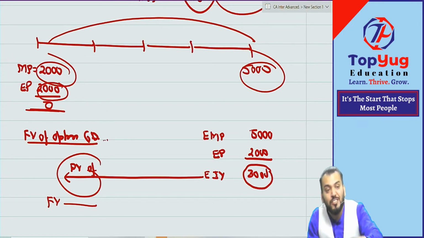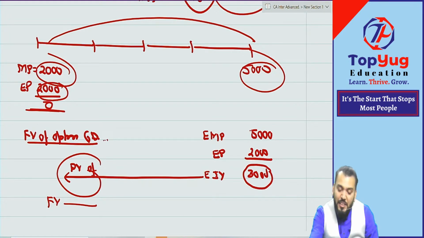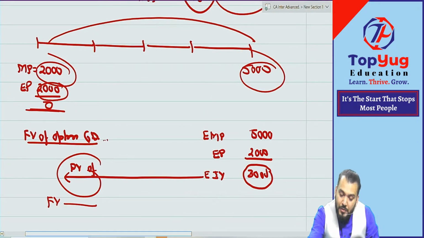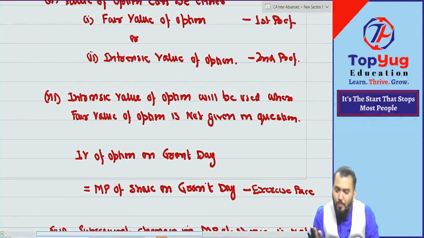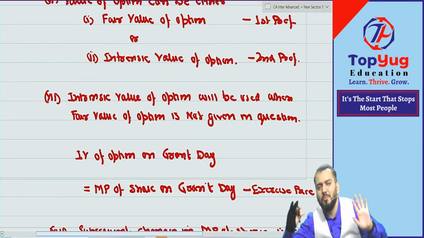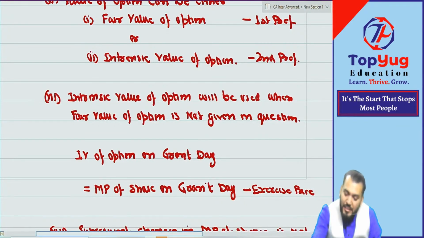If fair value of option is not given in exam, then we'll use intrinsic value of option. I have explained from examination point of view. Now I will not go beyond that, because whatever I say now will be very high level.